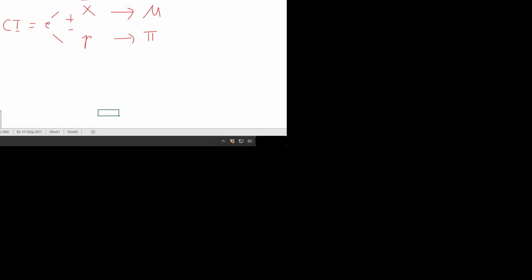When you are computing the confidence interval estimate for an unknown population mean, we used either the Z distribution, you see here, or the T distribution.